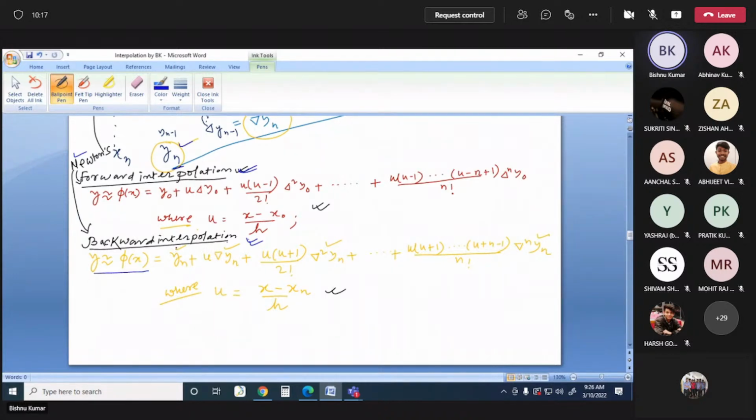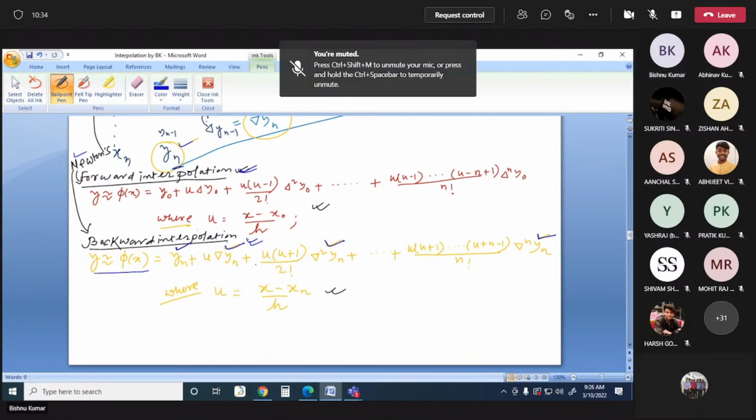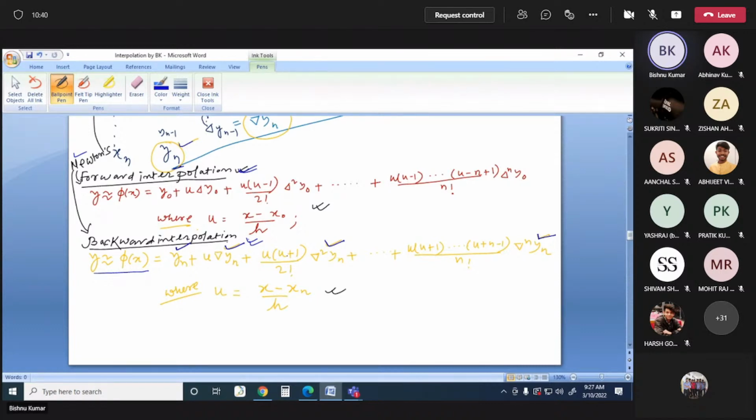So what I have written here, yn, grade square yn, up to grade yn, all these are lower diagonal elements. And they are arranged along with the coefficient terms. See how it is increasing: the first term is 1, the second term u, the third term u(u+1)/factorial 2, the next term u(u+1)(u+2)/factorial 3, and in that way up to the last term.